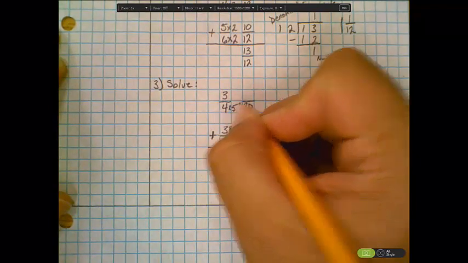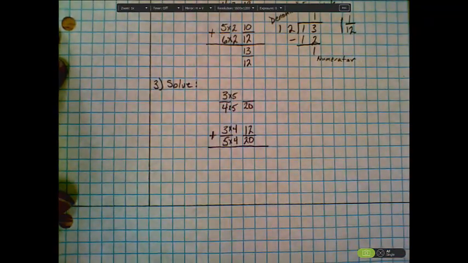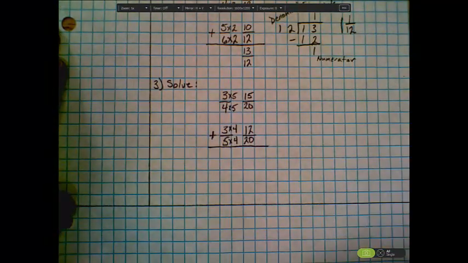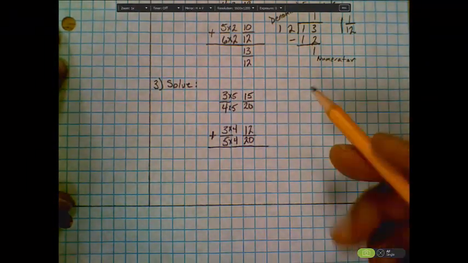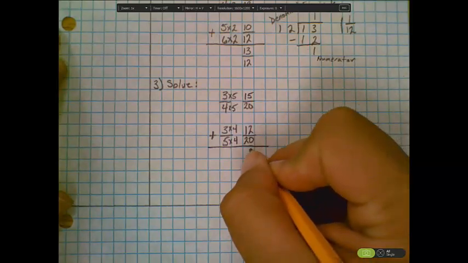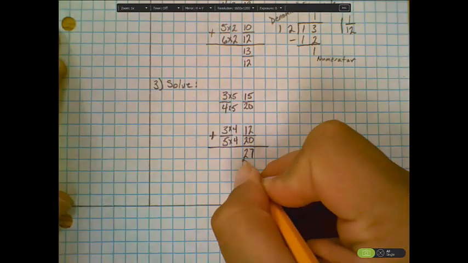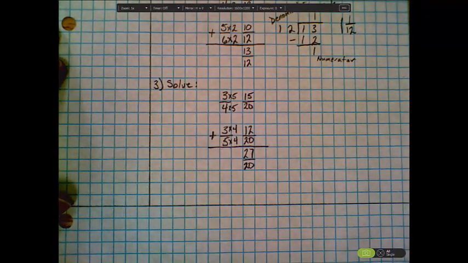Times 5 on the bottom means times 5 on the top, and 3 times 5 is 15. Now we add like we would normally add. 15 plus 12 is 27, and we keep the denominator, so it's 27 over 20.